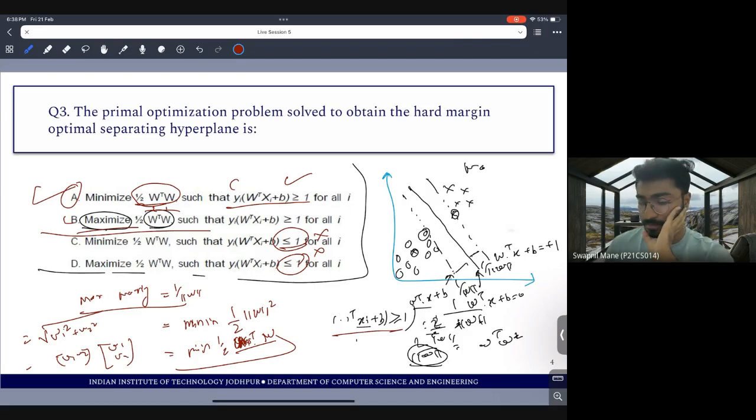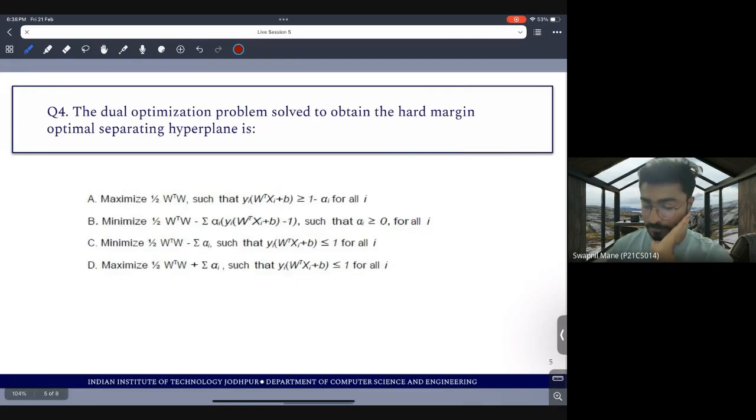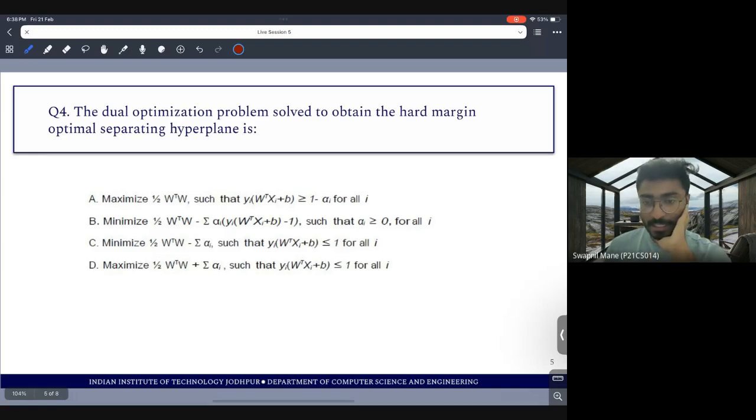Okay, let's move to another question. This is the next step of that previous question. Previously we saw two problems, the primal optimization and the dual optimization. In the dual optimization, we introduced a Lagrange's multiplier, that is the alpha value, right?